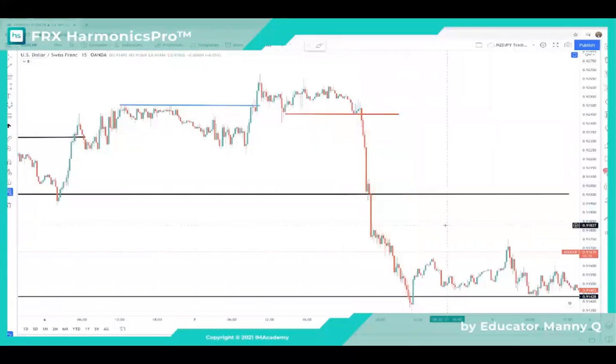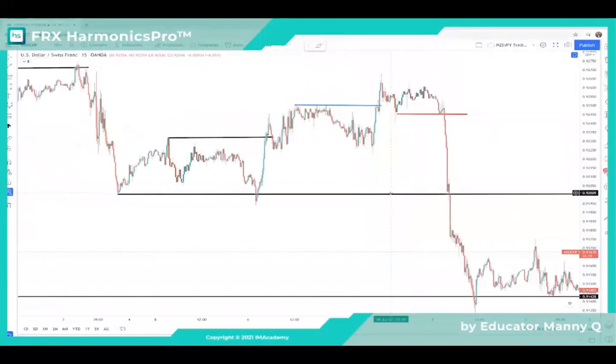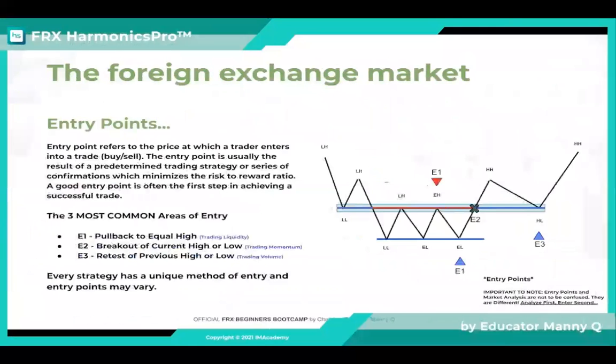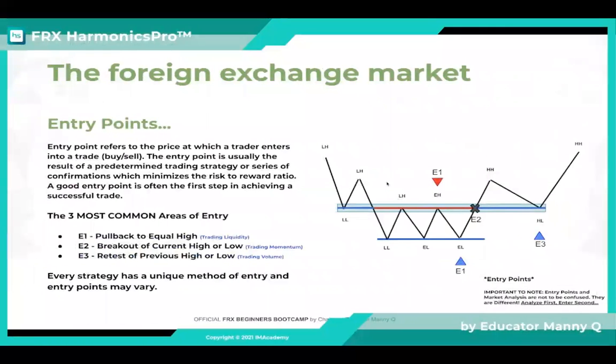Okay, that is an E2 entry, the breakouts of the current high or low. So as an example here, the market is bouncing around between these areas of support and resistance, giving us E1 entries, giving us buy and sell opportunities at equal highs and equal lows. Eventually, the market breaks out the resistance and continues to go up. And when the market breaks out on either side, that is considered an E2 entry point.